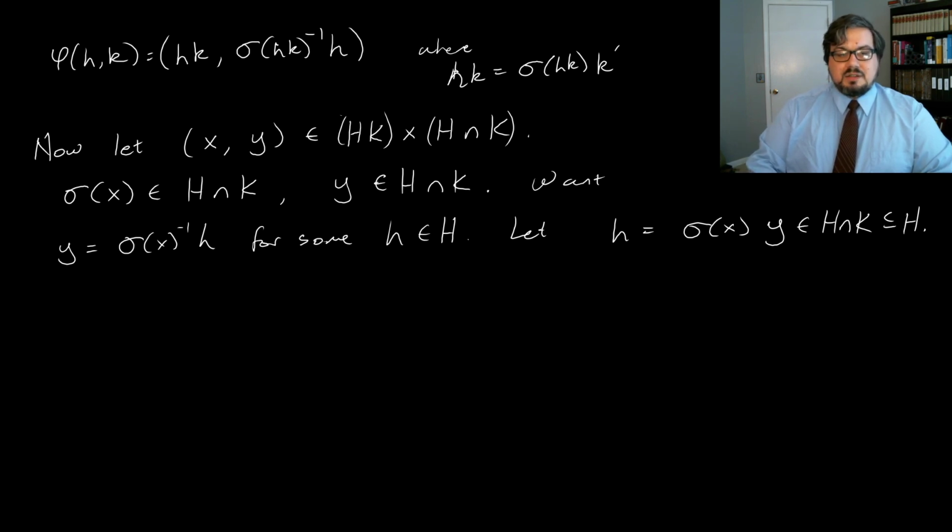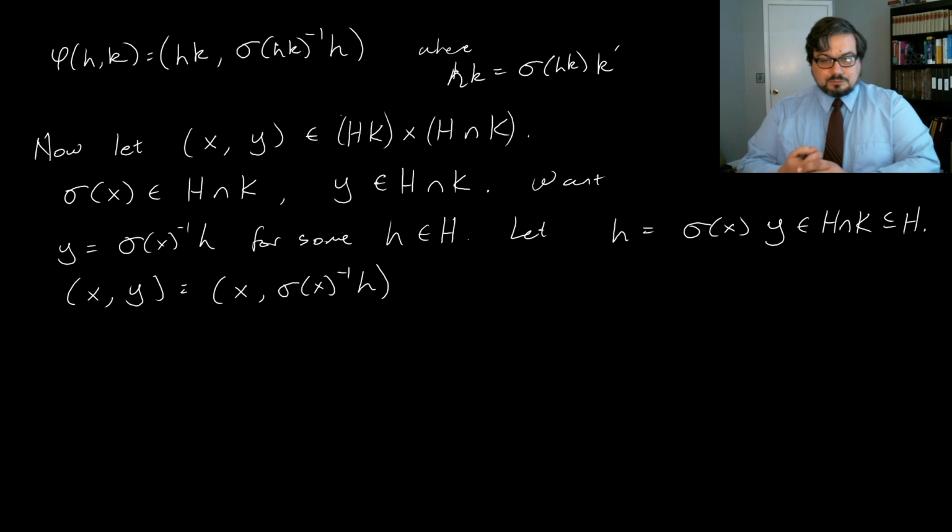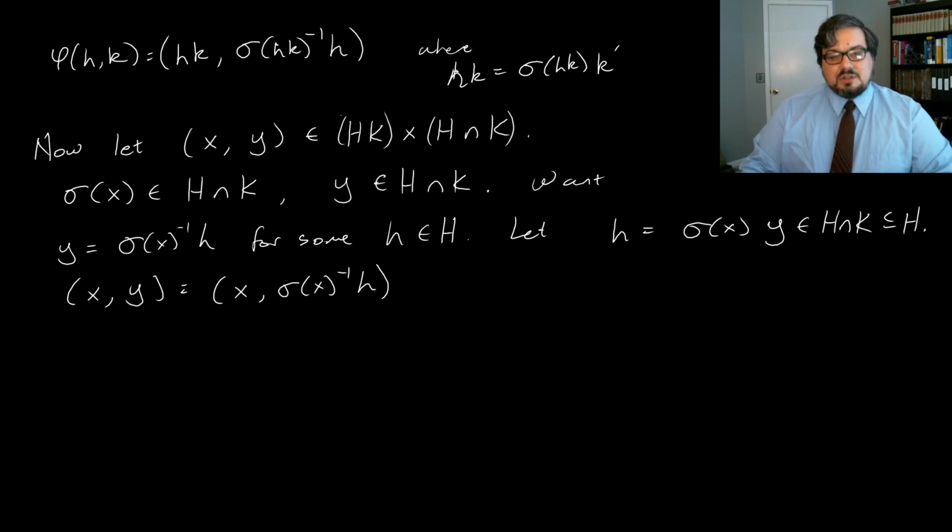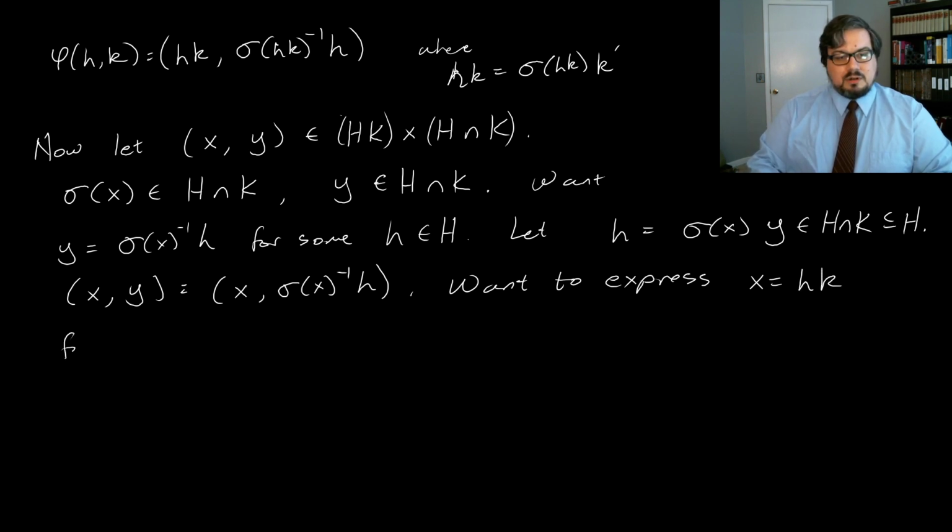So now we've got that our (x, y) is equal to (x, sigma of x inverse h). And so now we want to express x as hk for some k, i.e. we want to let k be h inverse times x.